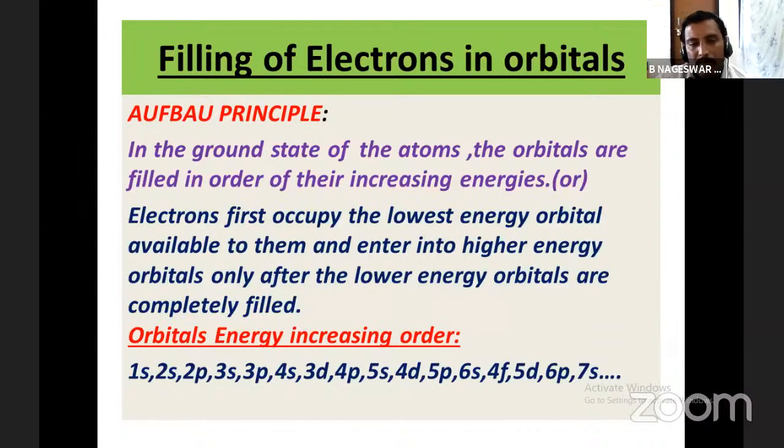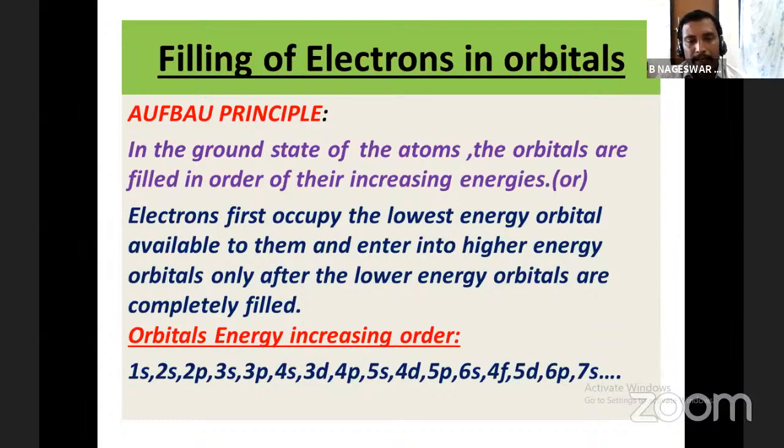So based on that, I have given here the orbitals' energy increasing order. First we have to fill 1s electrons, after that 2s, after that 2p. Why are we following this order? Because according to the n plus l rule, for 1s the value is 1. In the case of 2s, n plus l is equal to 2. In the case of 2p, n plus l is equal to 3.